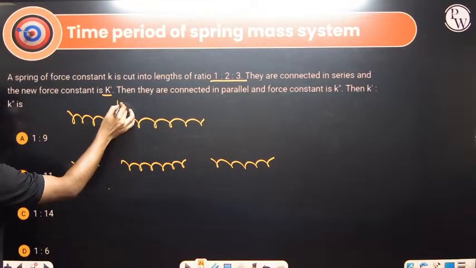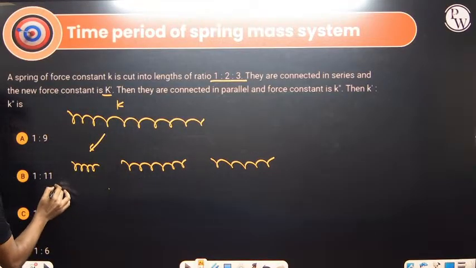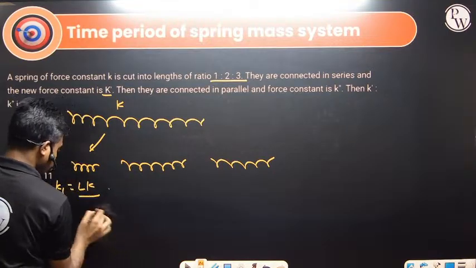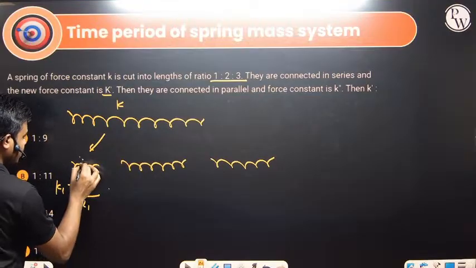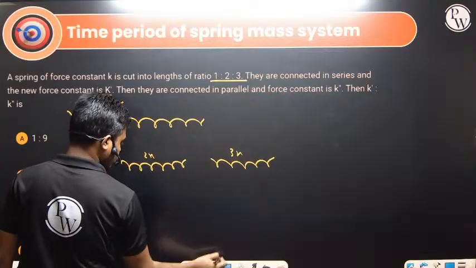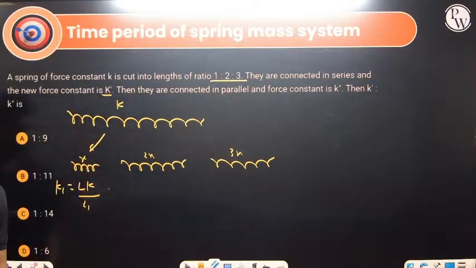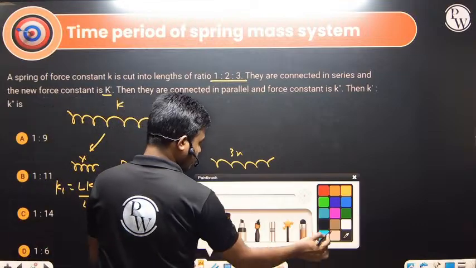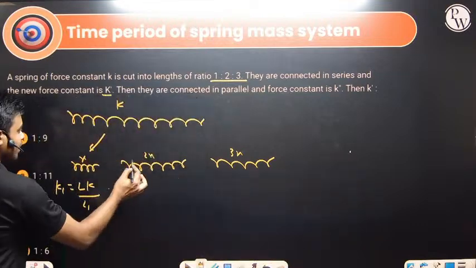If the whole spring has spring constant k, what is the new spring constant? Spring constant is inversely proportional to length, so we write Lk divided by the length. This one has length x, the next 2x, and the next 3x, so the total length is 6x.